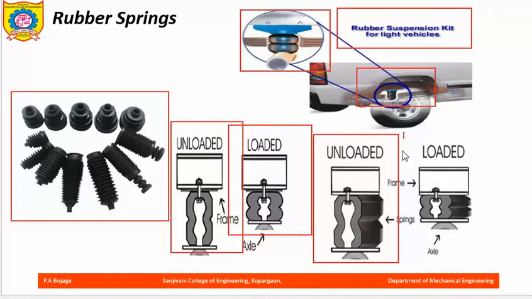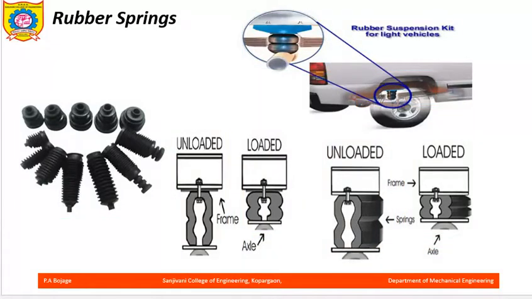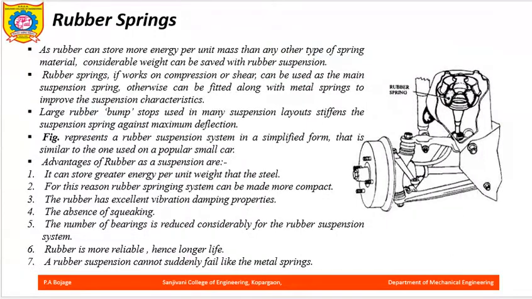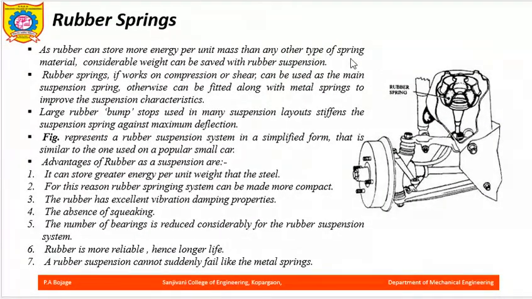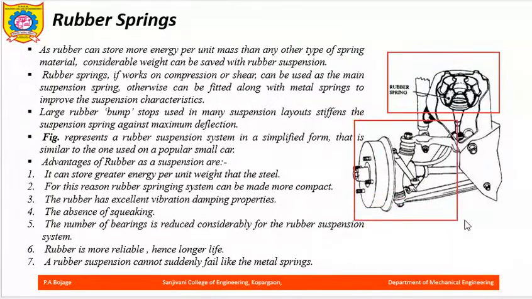When loaded, it undergoes compression. Now, let us discuss rubber springs in more detail. In this diagram also you can see this rubber spring attached to the front axle with the control arms, the lower and upper.